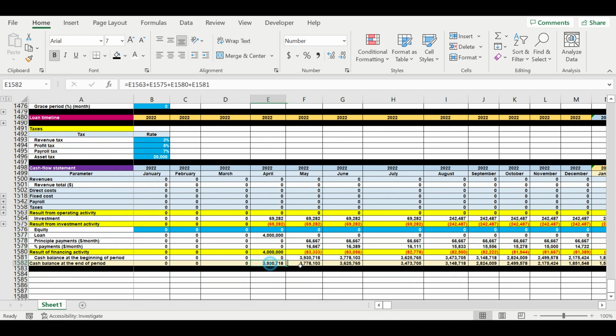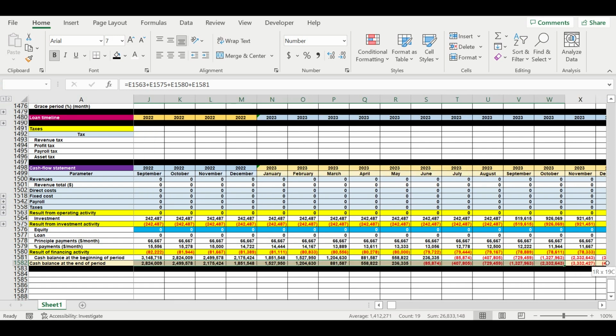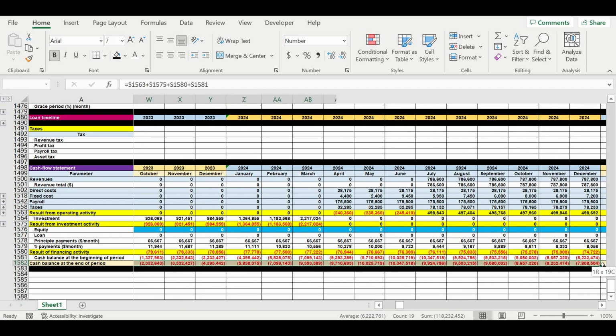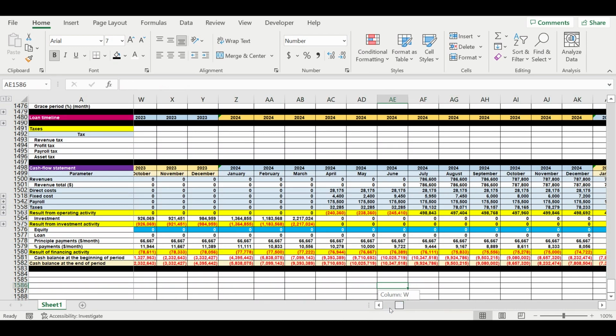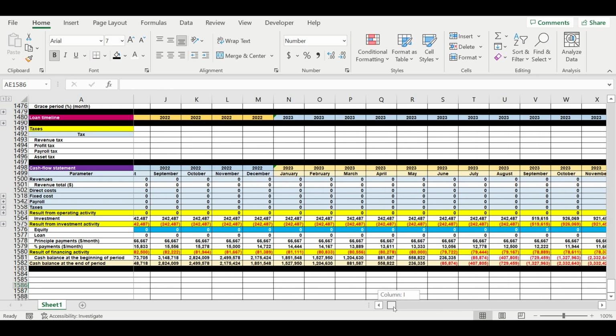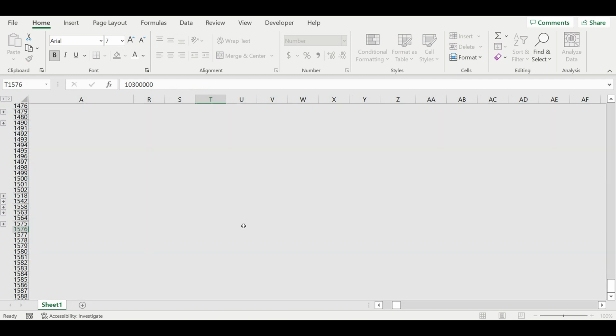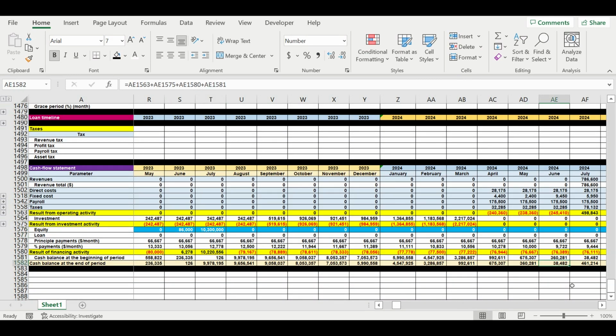So we are looking at the cash balance at the end of the period and see the cash gap here. So we just add in the money from our pocket, for example, month by month, or we can see, for example, 10, 20, let's say 10,300. We don't have cash gap.